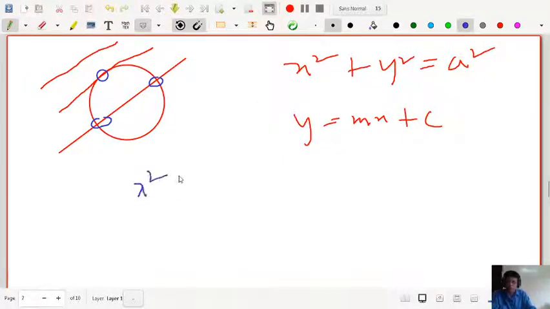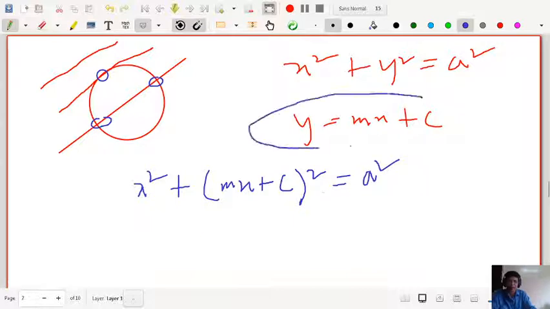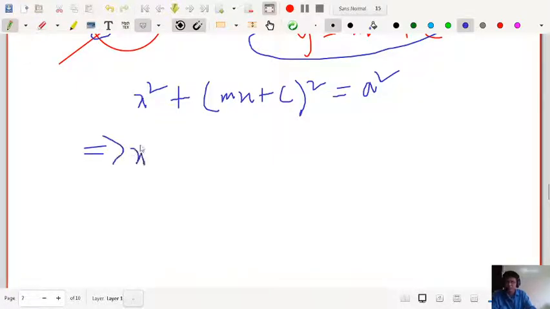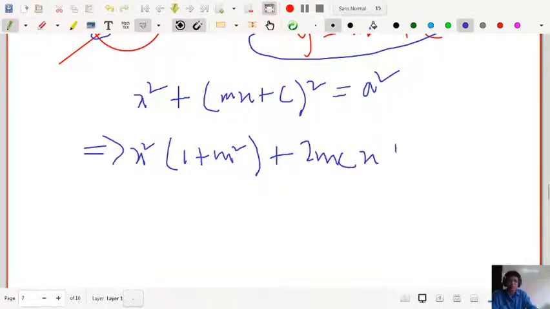So let us substitute: x square plus (mx plus c) whole square equal to a square. I am just replacing y by mx plus c. So you have a quadratic equation in x: x square into 1 plus m square plus 2mcx plus c square minus a square.